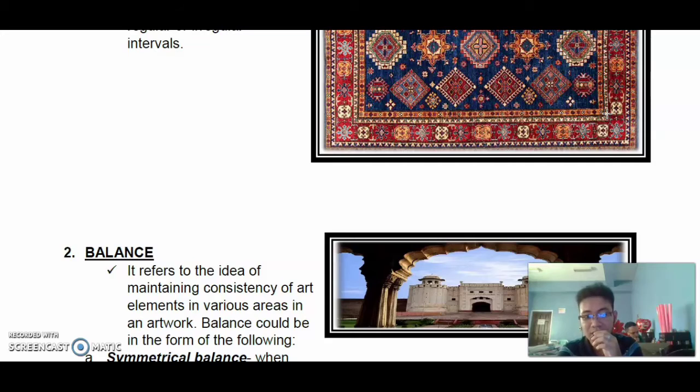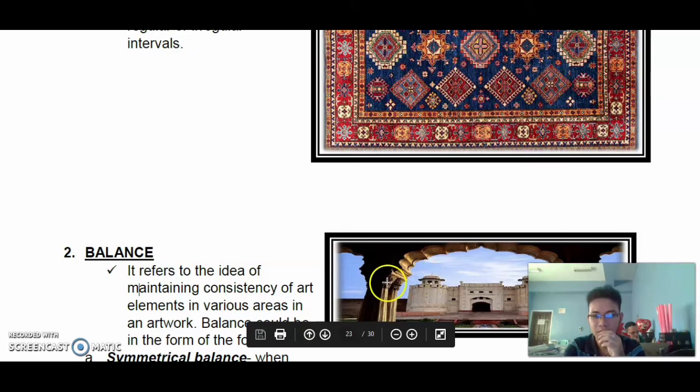That is still a symmetrical balance. In this case, they have the same sizes on both sides horizontally.